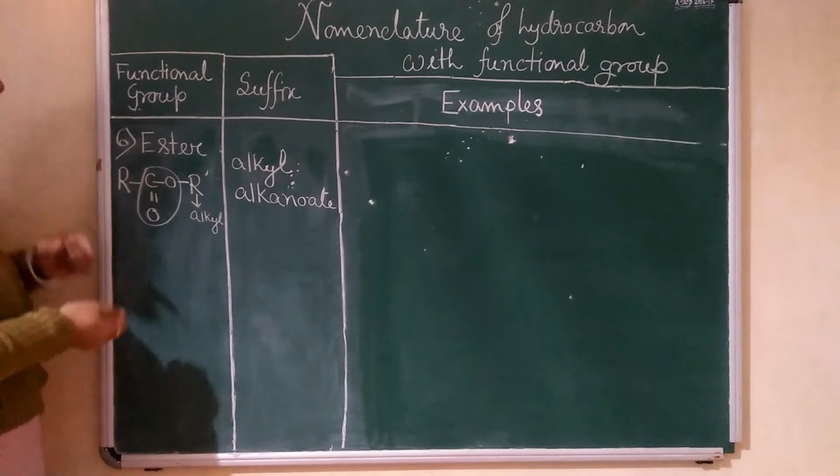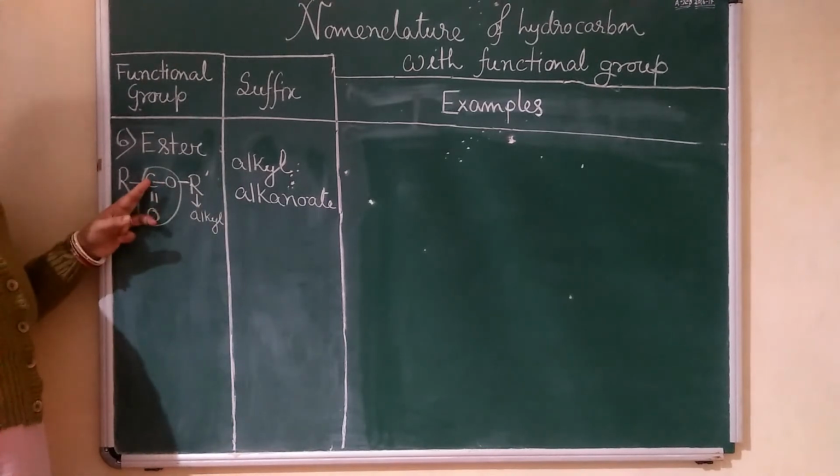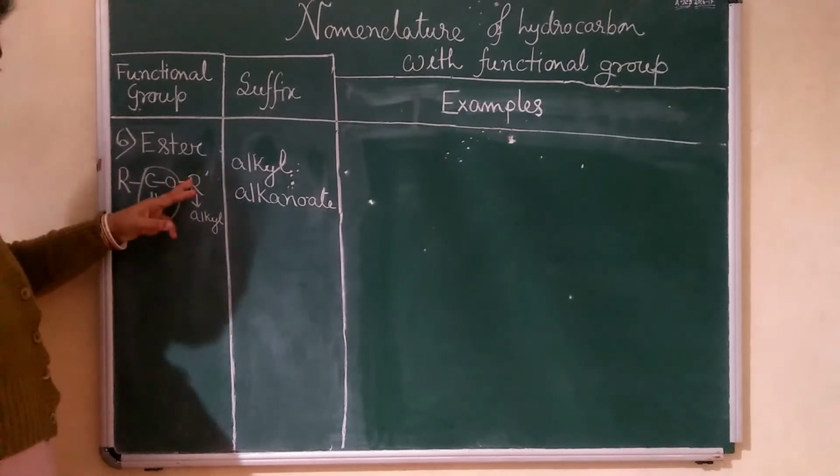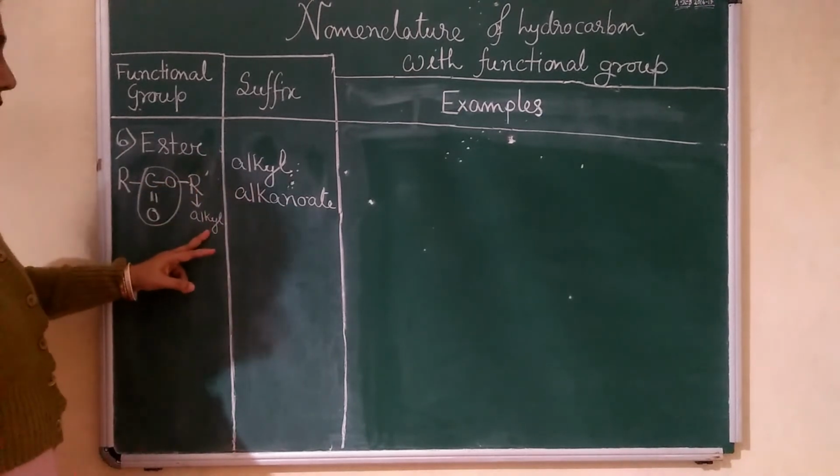Always remember, the R which is not attached to the carbon of the functional group will always be named alkyl.